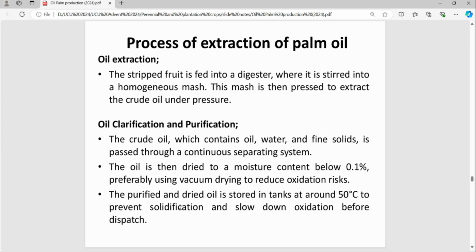Now the oil is then dried to a moisture content of below 0.1%, preferably using vacuum drying to reduce oxidation risks that are associated with drying. Then the purified and dried oil is stored in tanks at around 50 degrees Celsius to prevent solidification and to slow down oxidation before transportation is done.